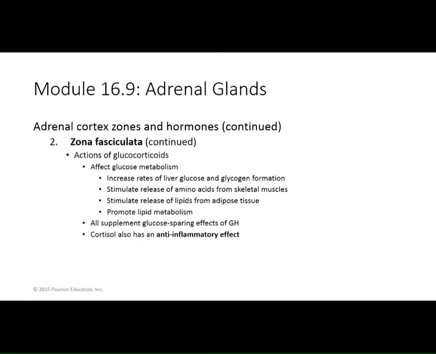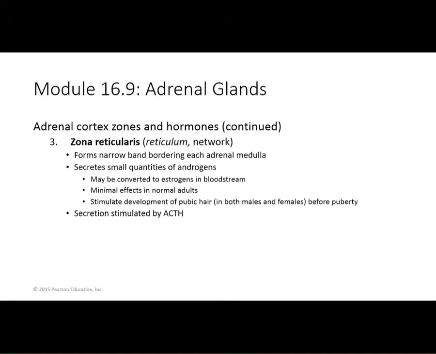I just told you the brain requires glucose. If your other tissues use up all the glucose, your brain goes without. So your glucocorticoids are going to help make sure that there are glucose-sparing effects, so that there's always glucose available for your brain. And cortisol also has an anti-inflammatory effect. So you'll hear about cortisol sometimes in an inflammatory conversation.